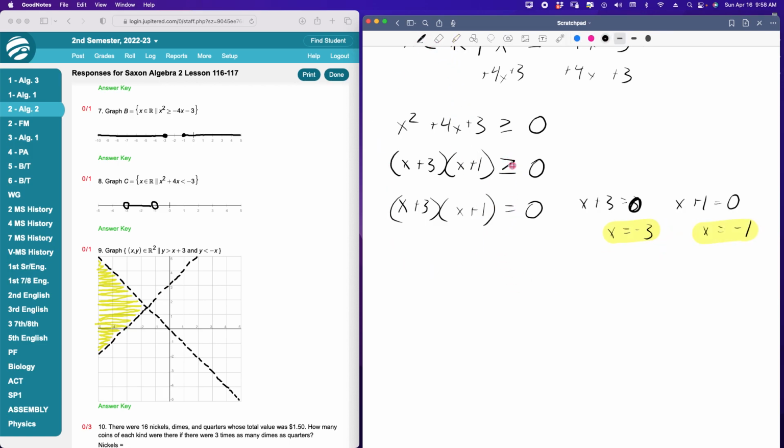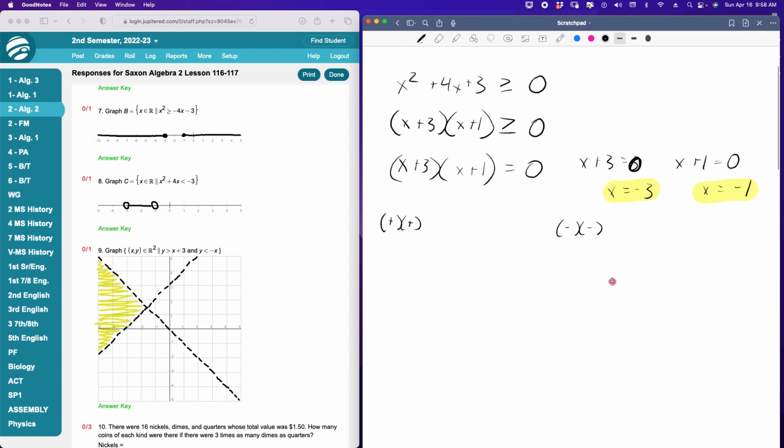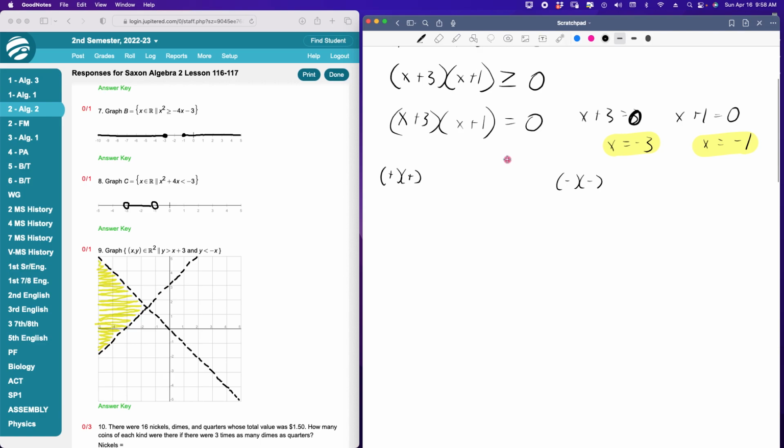Now we're going to take the greater than part. In order for it to be greater than, it has to be a positive number. In order to get a positive number, we have to multiply a positive times a positive or a negative times a negative, right? So those are our criteria. So we're going to set each one of those to those conditions.